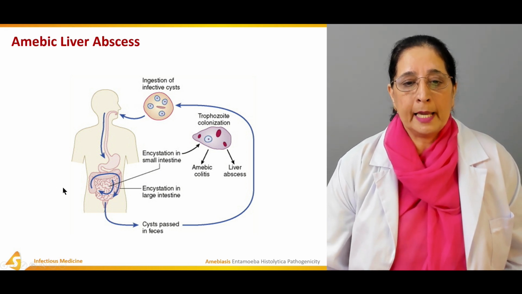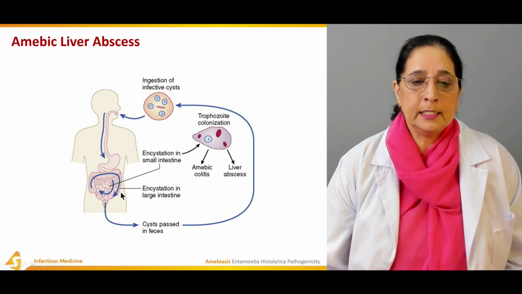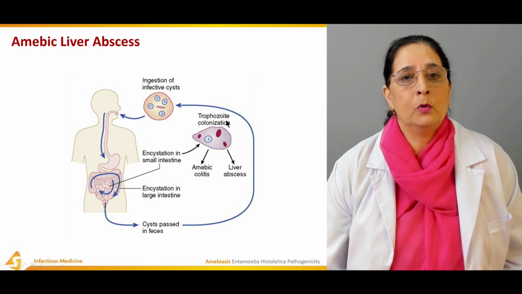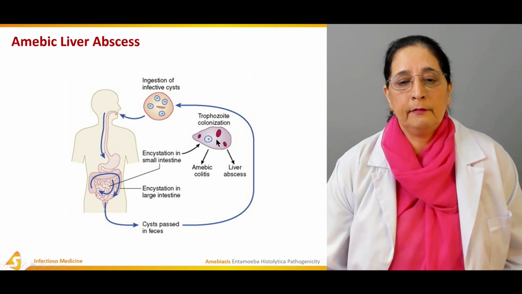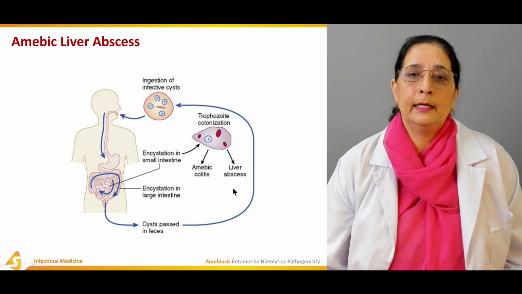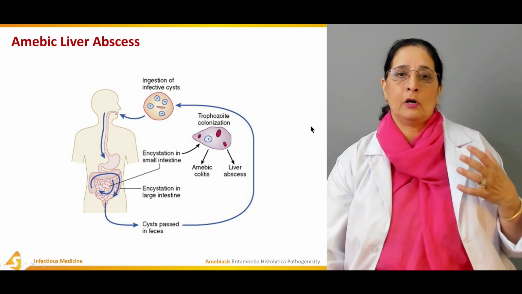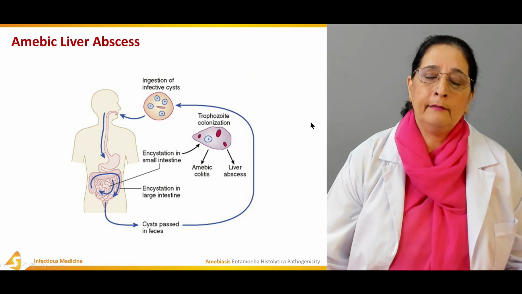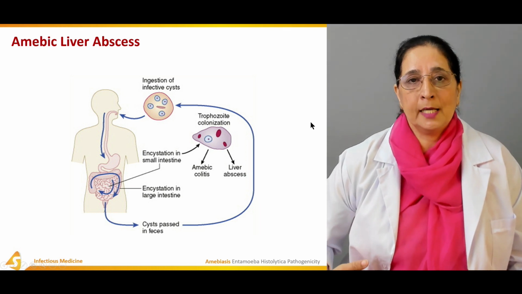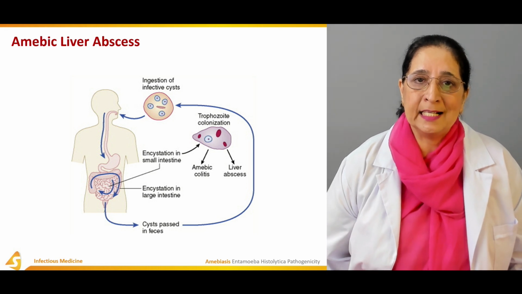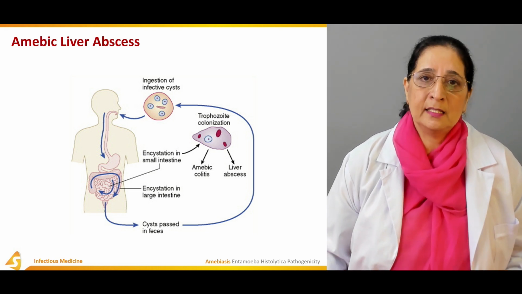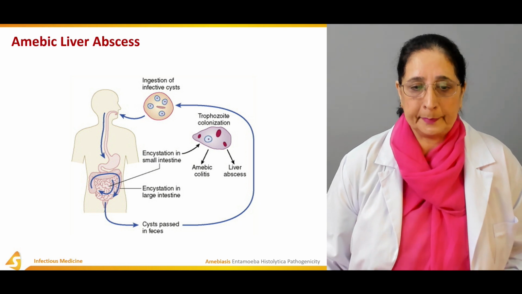They can cause encystation in the small intestine, large intestine, and also go into the liver. Colonization in the liver causes amebic liver abscess, formation of abscess in the liver associated with right upper quadrant pain, tenderness, and fever.